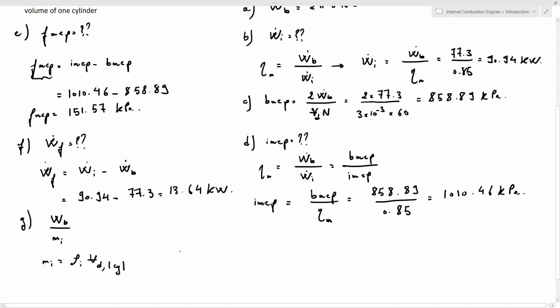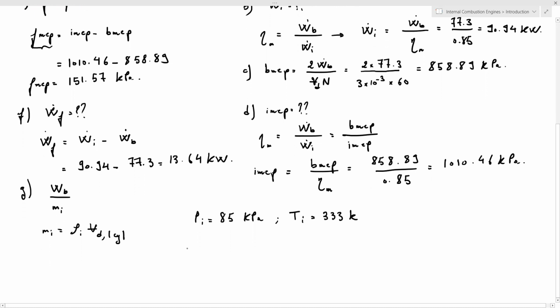So to calculate the density, since we know the pressure, which is 85 kilopascal, and the temperature, which is equal to 333 Kelvin, we can use the ideal gas law. So the ideal gas law states that the pressure is equal to the density multiplied by the gas constant multiplied by the temperature in the intake manifold.